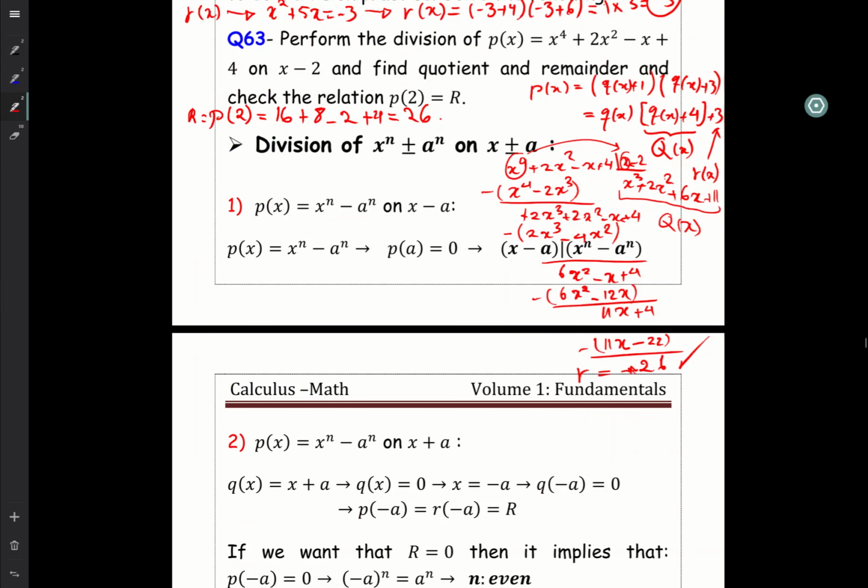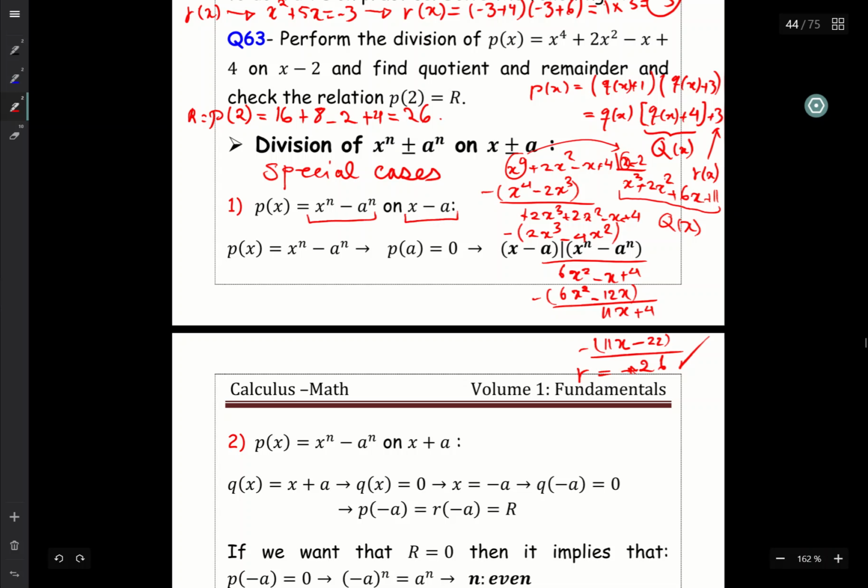Okay, now important special cases are when we're dividing x to the n plus or minus a to the n by x plus or minus a. So x to the n minus a to the n divided by x minus a.